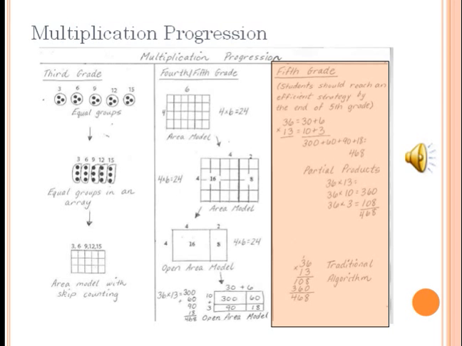Any of the strategies in this last column, we're okay with students leaving 5th grade using as their primary strategy to solve any multiplication problem. We're going to show you how these strategies connect to the models, the area model that we've shown you earlier.